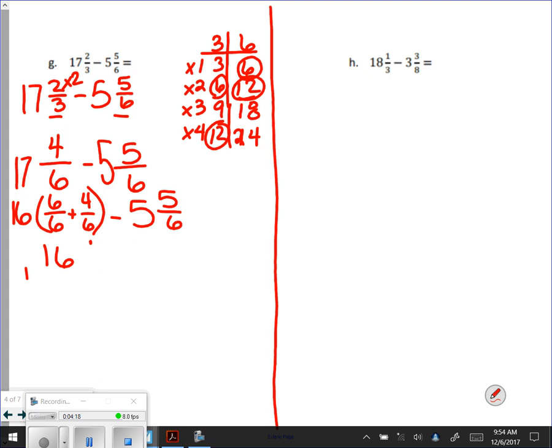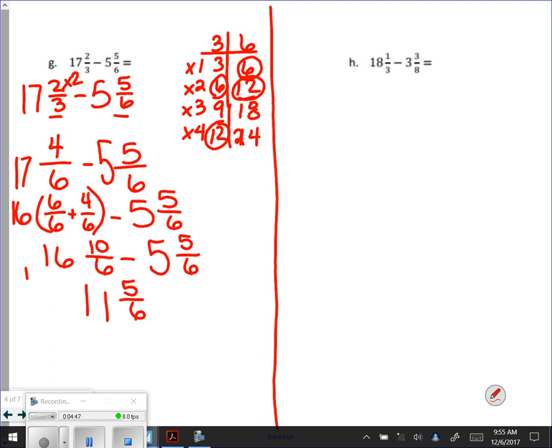So 16 and 10/6, and then 5 and 5/6. So now I can subtract this. 16 minus 5 is 11. 10 minus 5, 5. 11 and 5/6.